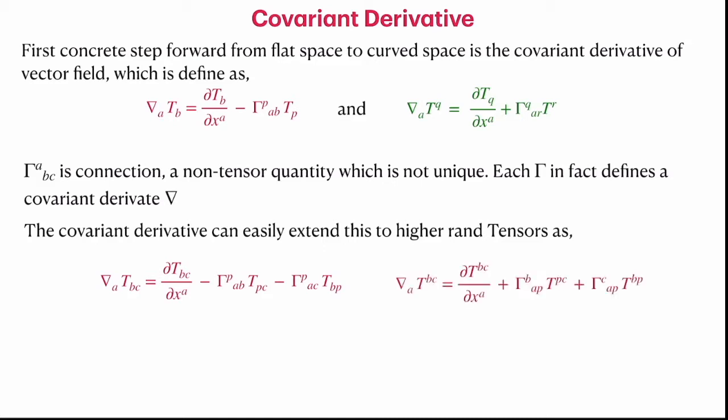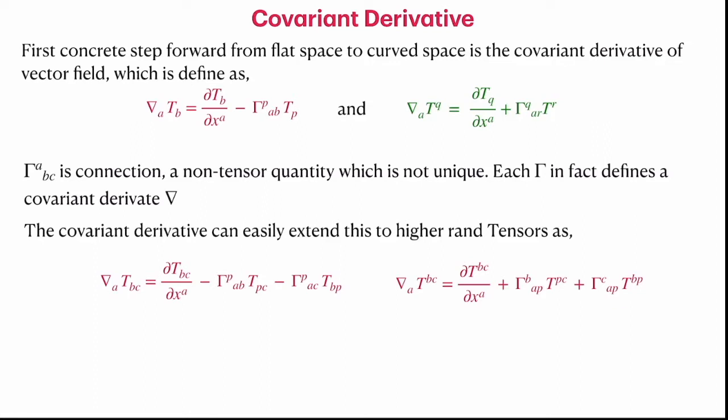In the same way we can define the covariant differentiation of a second rank contravariant tensor. Again, we have a differential operator acting on a contravariant second rank tensor, giving a first term that would be the partial differential of the same tensor with the coordinate X^A, and then we have two contravariant tensor indices.